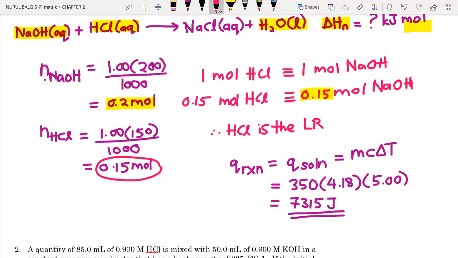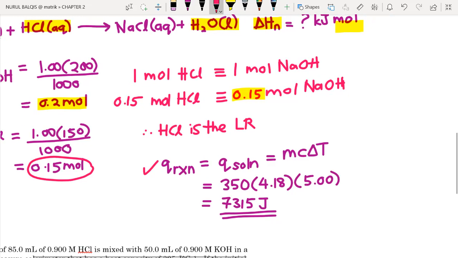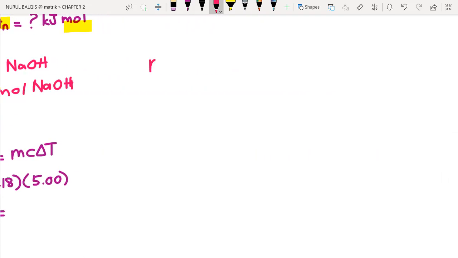So we need to combine Q reaction and also the number of moles to finally get the enthalpy of neutralization. The number of moles of HCl is equal to the number of moles of sodium hydroxide, also the same as water, which is 0.15 mole. Because we are talking about enthalpy of neutralization, it means we want to focus only on the water.